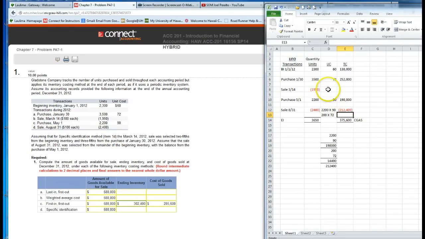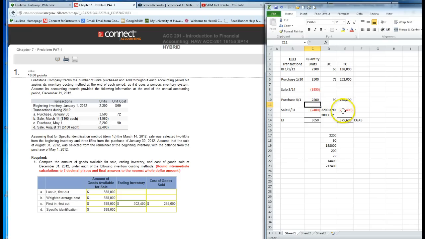Now moving up to the next earlier sale on March 14, that sale was for 1,950 units. So which units would we have sold on March 14? We've already assumed that all of this purchase on May 1st has been sold, and 200 units.